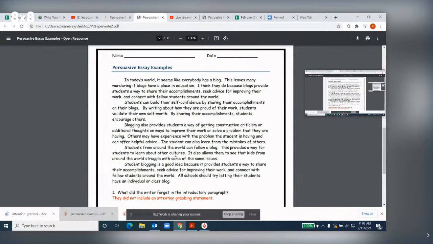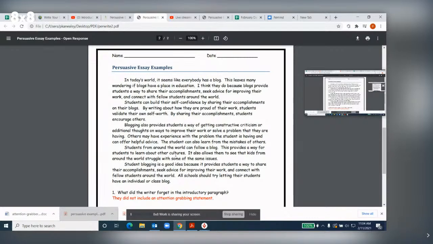It just talks about why people use blogs. And maybe you could relate something that you read in a blog one time that was really exciting, or something that's really going to get the reader's attention about blogs.